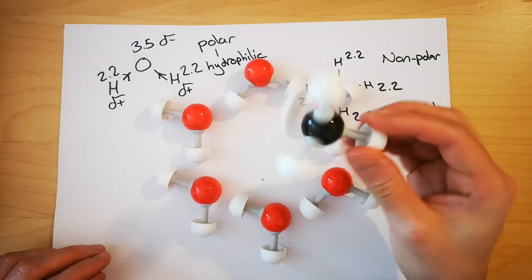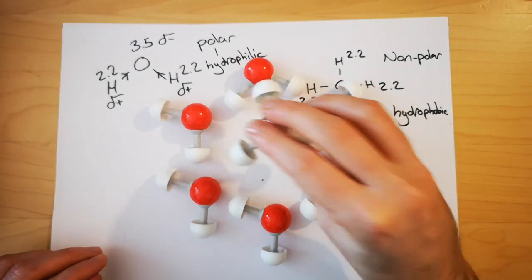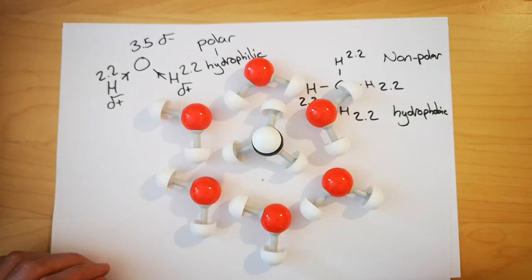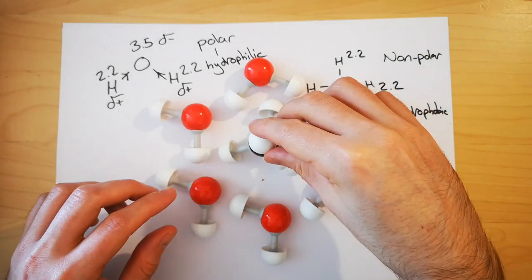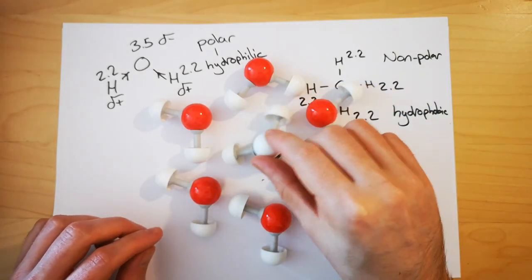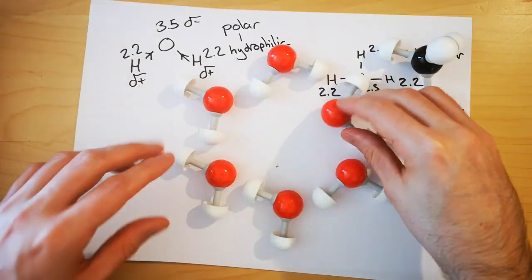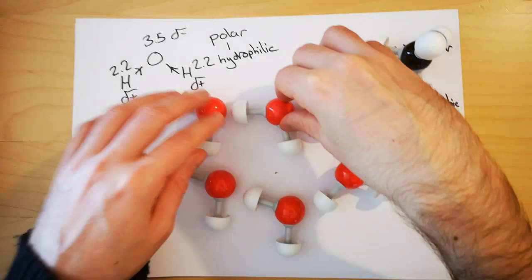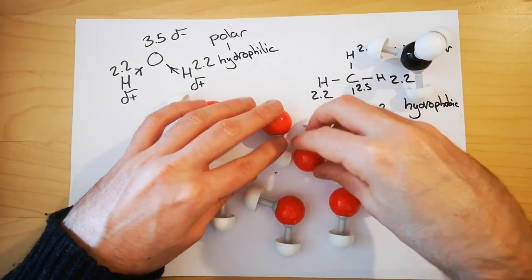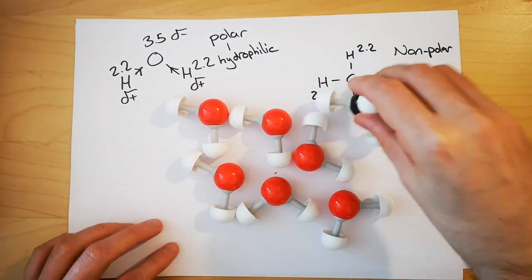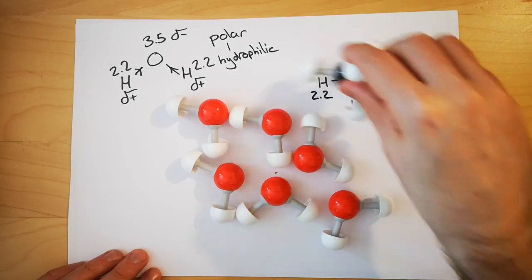Now, the methane molecule is going to be excluded. So it's either going to form a single bubble in the middle, or these water molecules will come together slightly more closely to exclude the methane.